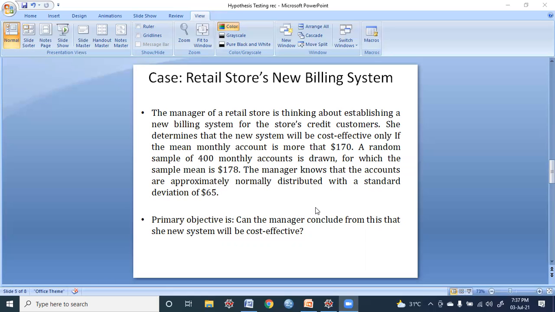A random sample of 400 monthly accounts is drawn, for which the sample mean is $178. The manager knows that the accounts are approximately normally distributed with a standard deviation of $65. So the primary objective of this case is, can the manager conclude from this that the new system will be cost effective?